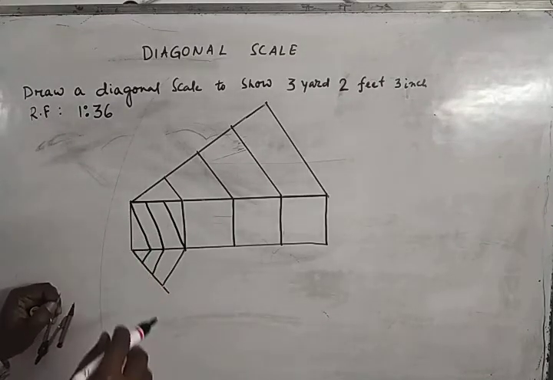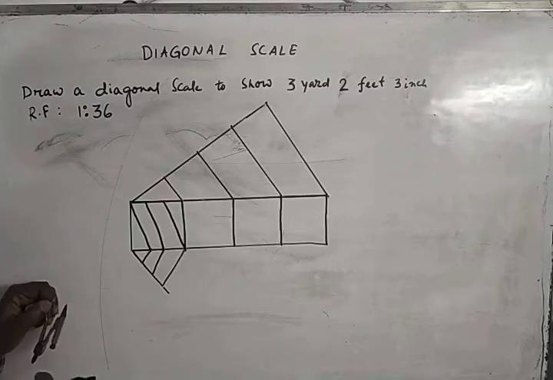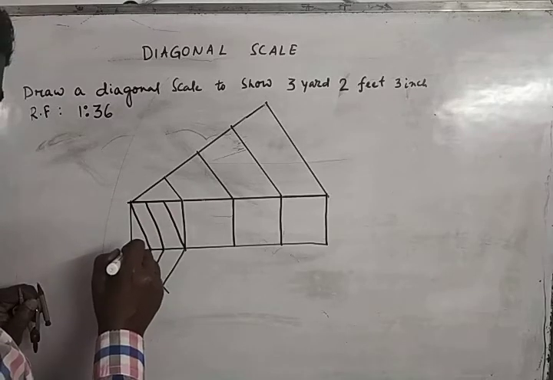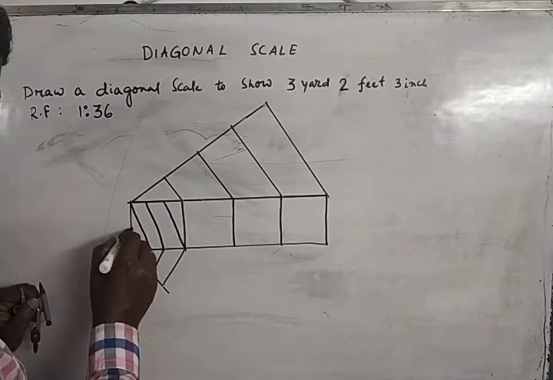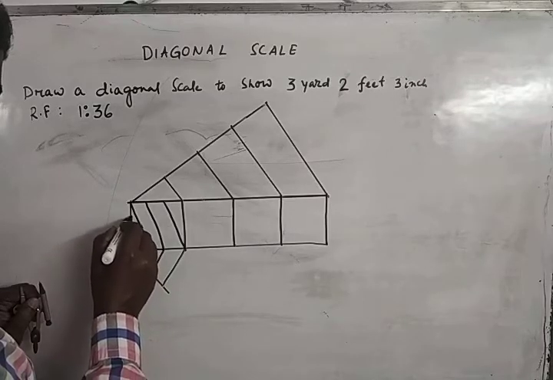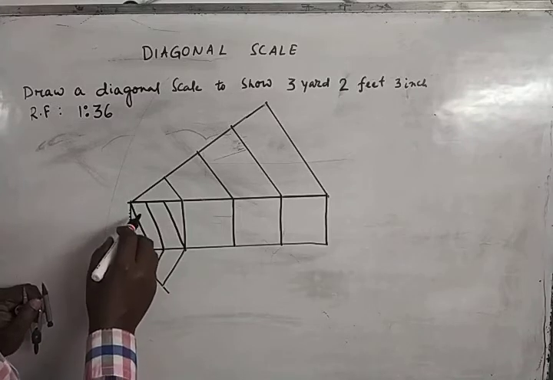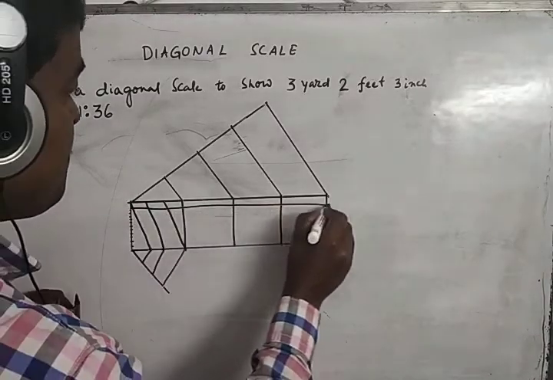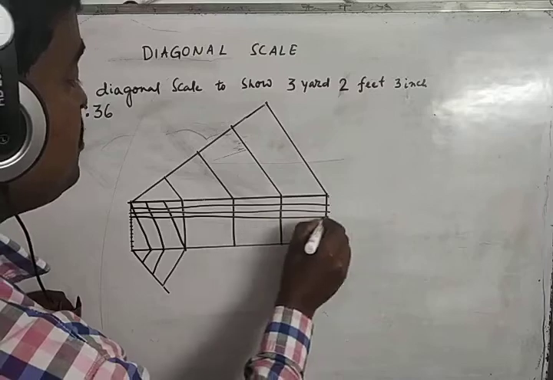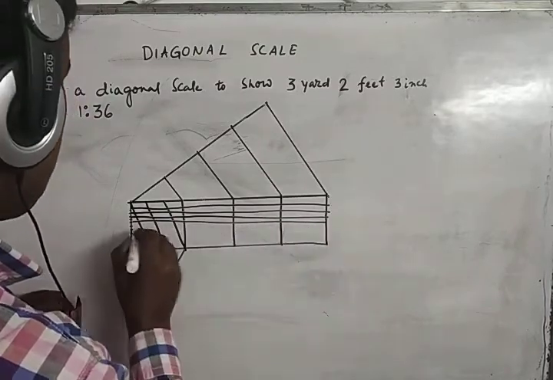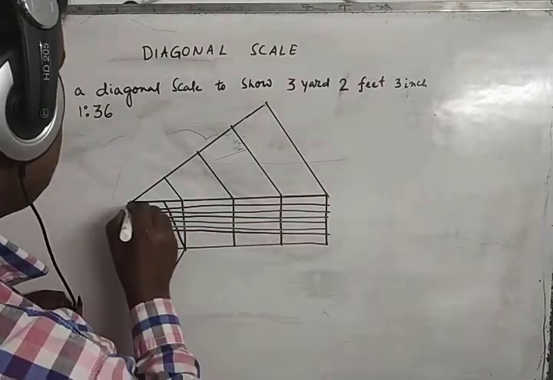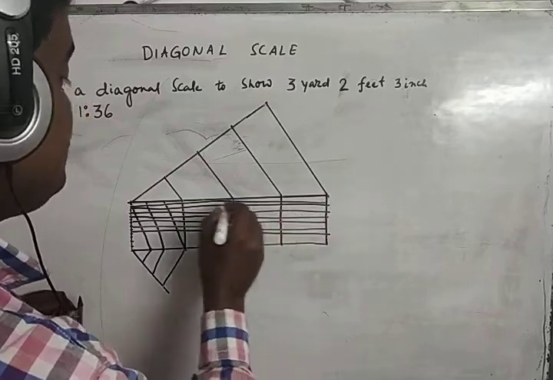Okay, diagonal. Now there will be tertiary division. How many tertiary divisions are there? There are 12 tertiary divisions. By taking a suitable value, we have to divide it into 12 divisions. Okay, draw this by scale, of course. 3, 4, 5, 6, 7.